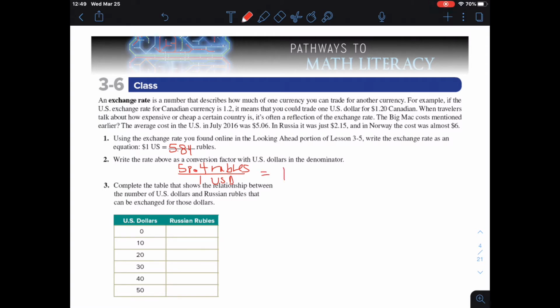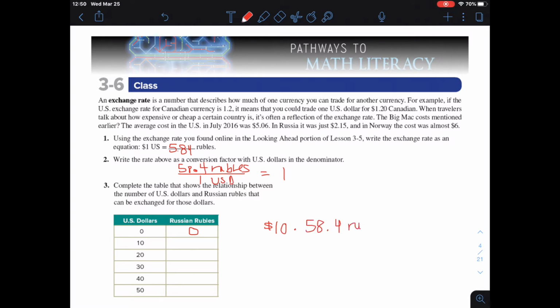So we're going to make a table to see, if I exchange this many US dollars, what currency am I going to get. First and foremost, when we have no dollars, I'm not going to get any rubles in return. I can't just magically get money. If I have 10 US dollars, we're going to multiply by this conversion factor.